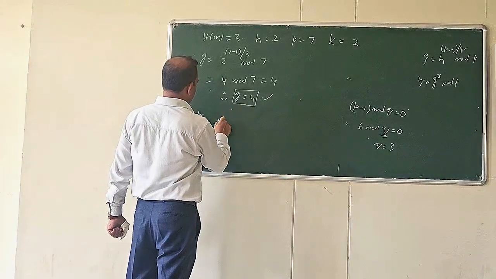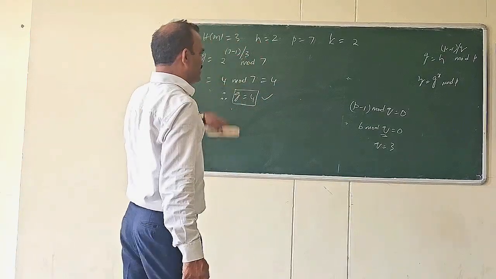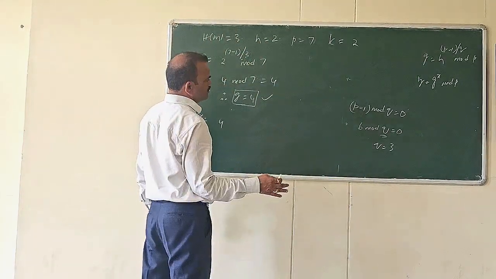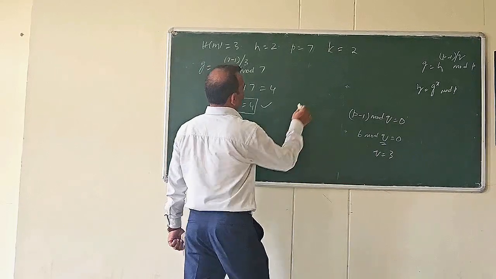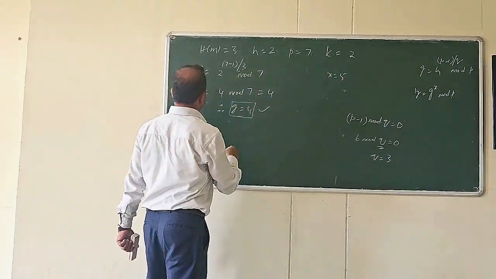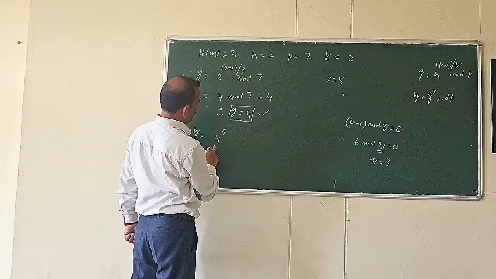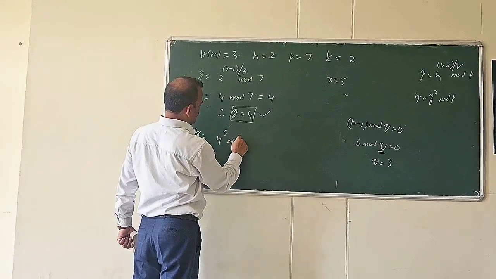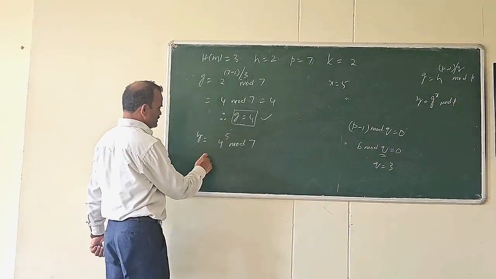So g value is 4 and x value we consider as 5. X value we consider as 5. So g power x, 4 power 5 mod 7. 4 power 5 mod 7.